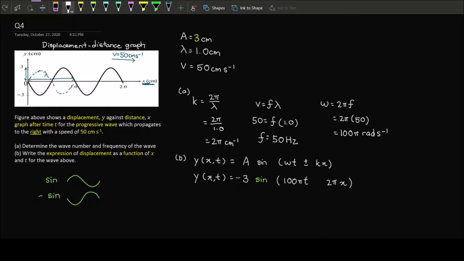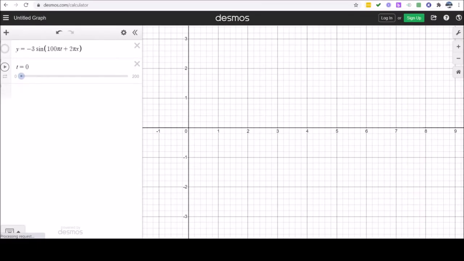So what does the positive and negative sign in this space here represent? What's the significance of this positive and negative sign to this expression for displacement? To find out, we use this online software called Desmos. It's a very powerful software.